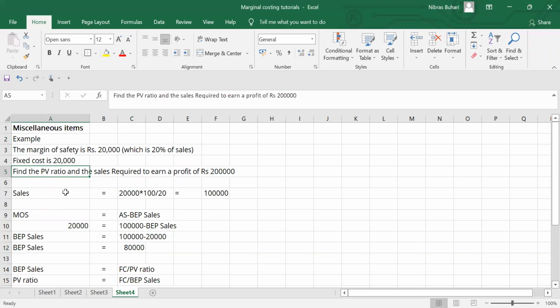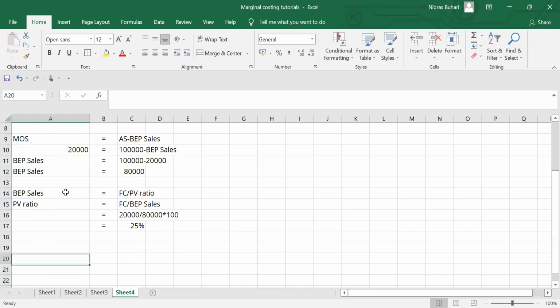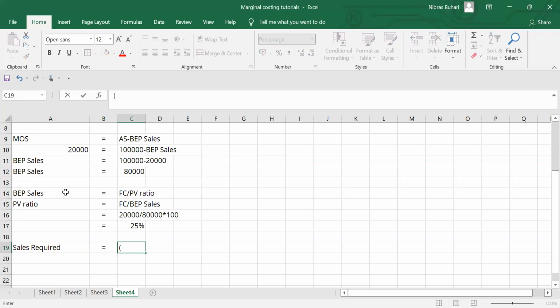Sales required to earn a profit of 2 lakhs. Again, it's a straightforward question. Sales required is equal to fixed cost plus profit divided by PV ratio, which was already given to you and we have already worked it out.